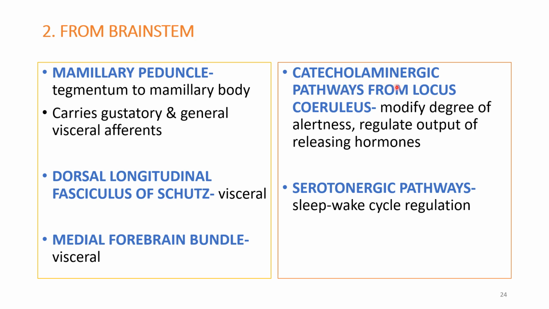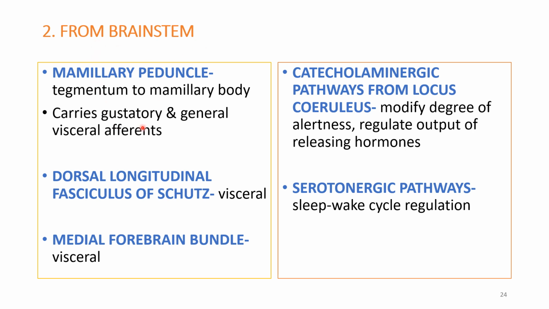Then catecholaminergic pathways from the locus ceruleus modify the degree of alertness and regulate the output of releasing hormones. And serotonergic pathways are helpful for sleep-wake cycle regulation. So, these are the main afferent connections.